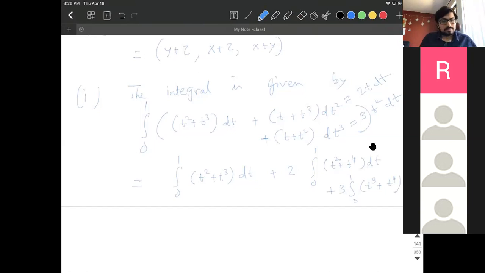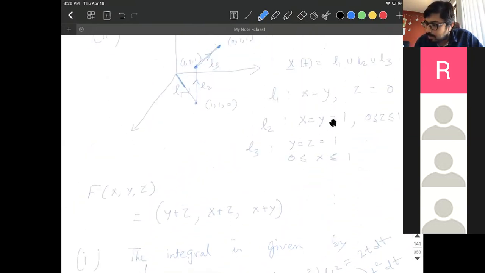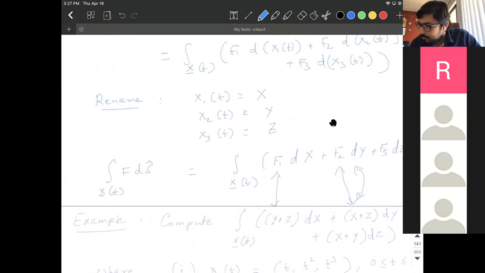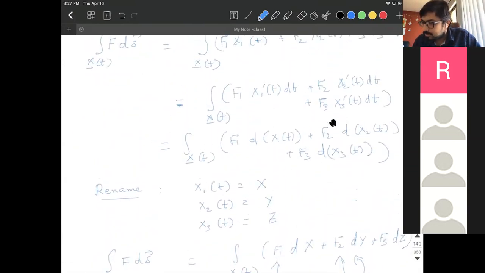Could you explain why it is the second and the third derivative for the second and the third terms? So why do I take d t square and d t cube? Because as I said, we are doing everything on this path. So remember, if you check this formula, what are we doing?